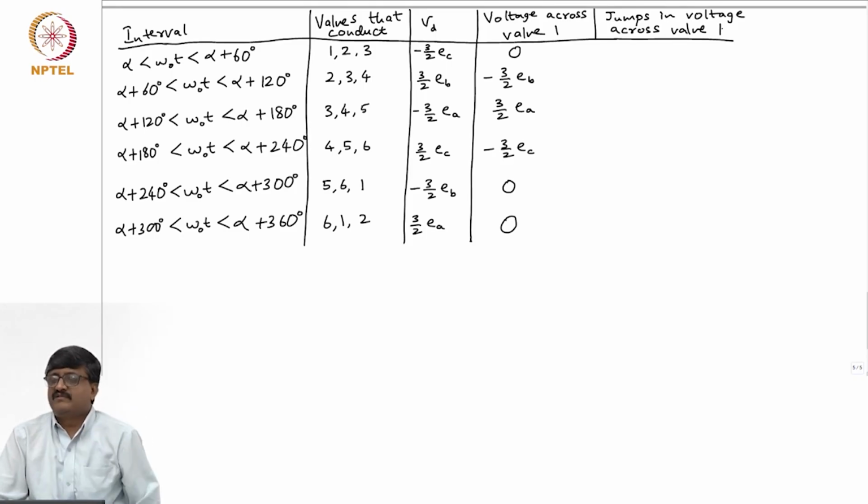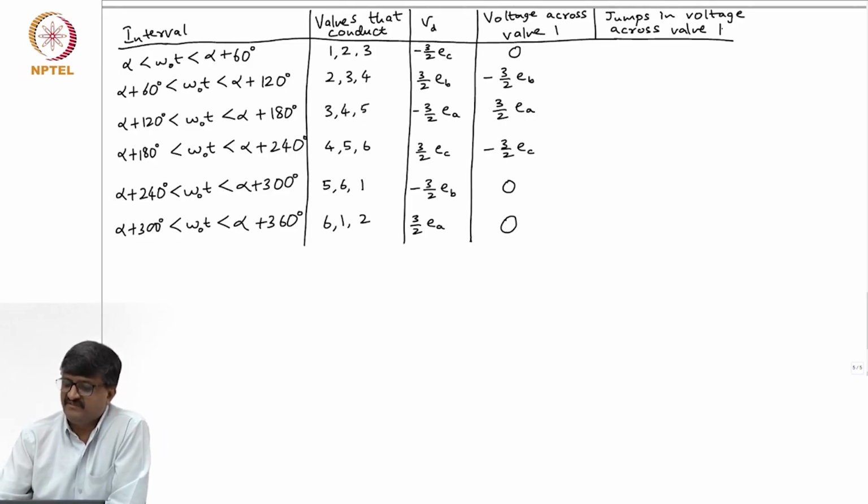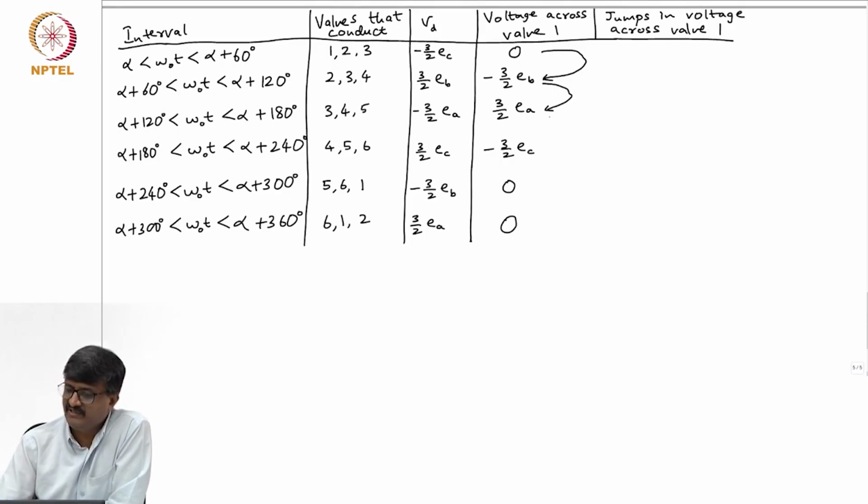This is information which is required for knowing the dV by dt stress. So you see that there are 4 jumps. There is a jump from 0 to minus 3 by 2 Eb, minus 3 by 2 Eb to 3 by 2 Ea, 3 by 2 Ea to minus 3 by 2 Ec, and minus 3 by 2 Ec to 0.